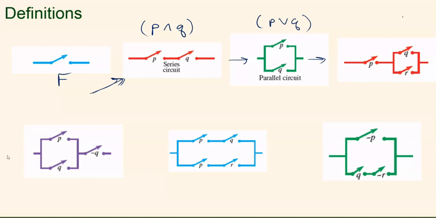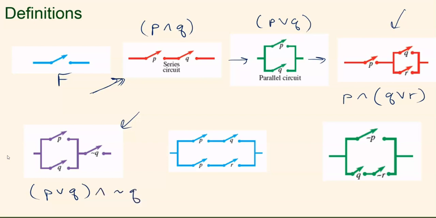How about the third diagram? We have P and (Q or R), meaning the electricity must pass through P, and then it must pass through either Q or R for it to leave the other side. The next diagram, we could write this one as (P or Q) first, then and, not Q. We have the next diagram.